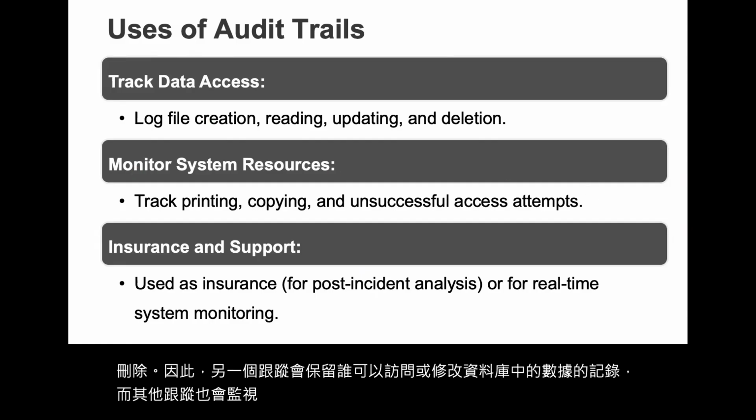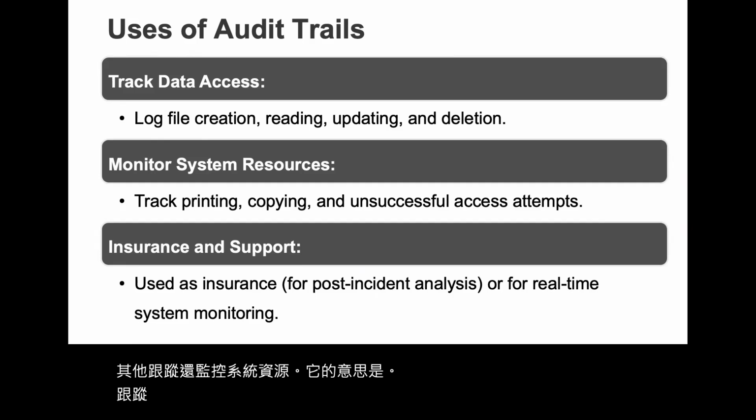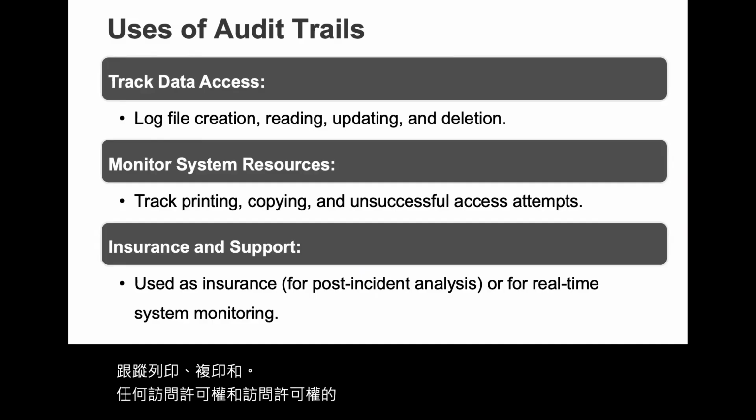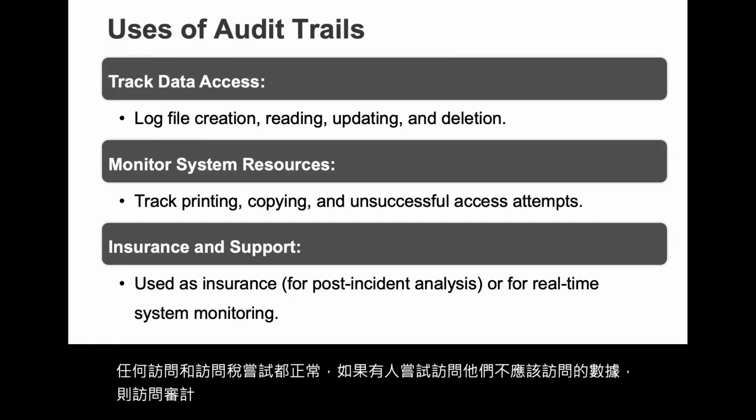It means that they track the printing, the copy, and any unsuccessful access attempt. If maybe someone tries to access data they shouldn't have access to, the audit trail will record the failed attempt.